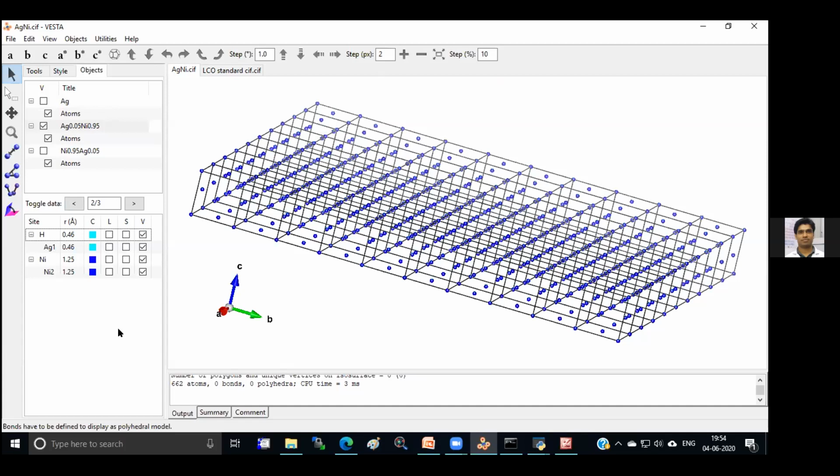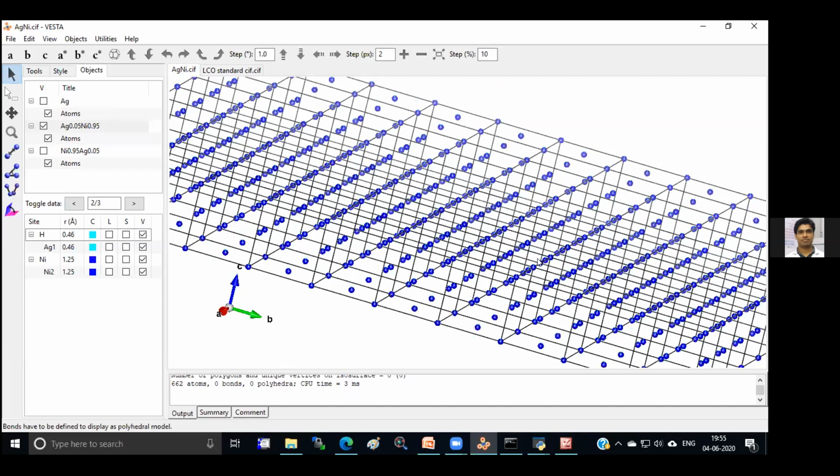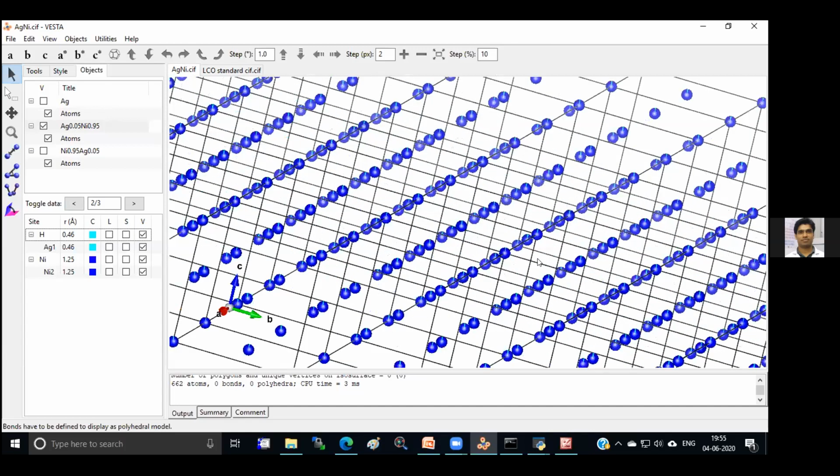The gap will be larger if the oxygen vacancy is more, and the gap will be smaller if the oxygen vacancy is less. That is a specific case that depends on the occupation number, right? Yes, it depends on the occupation number.